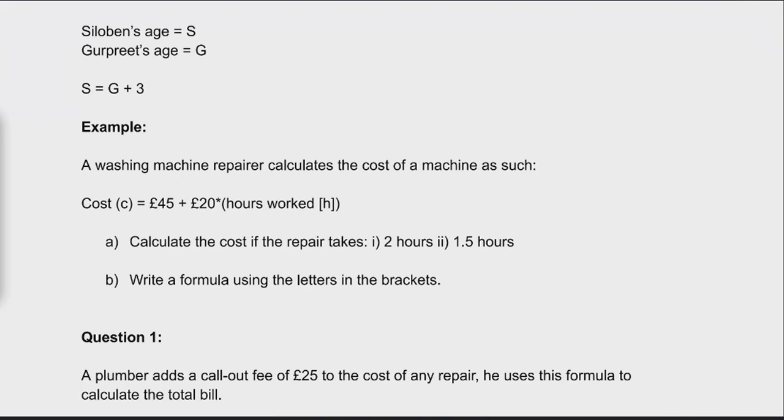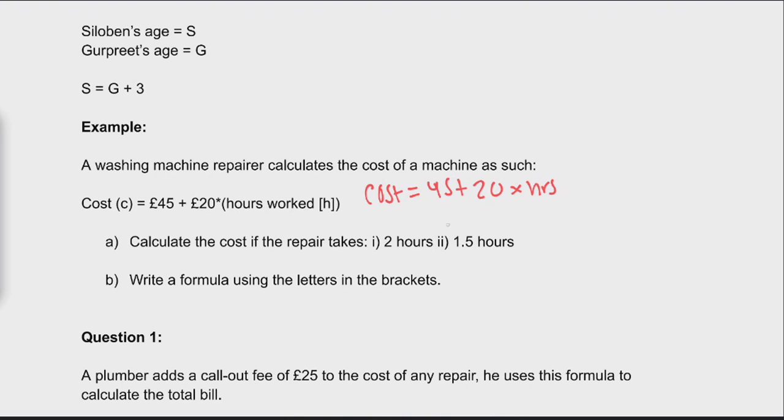A washing machine repairer calculates the cost of a washing machine repair such that cost is equal to £45 plus £20 times the number of hours worked. Calculate the cost if the repair takes 2 hours. So the cost is equal to 45 plus 20 times hours.